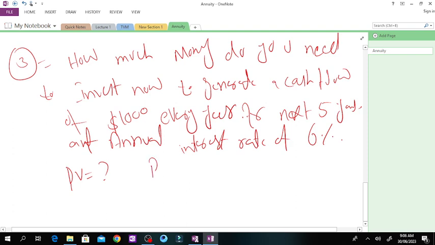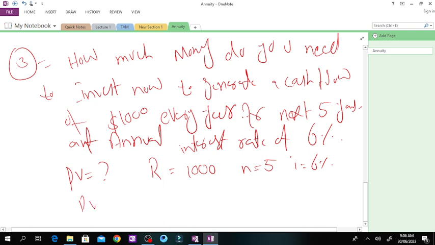So you want to calculate, you have R as the cash flows, and then for the next 5 years, so N you have 5 and interest you have 6%.